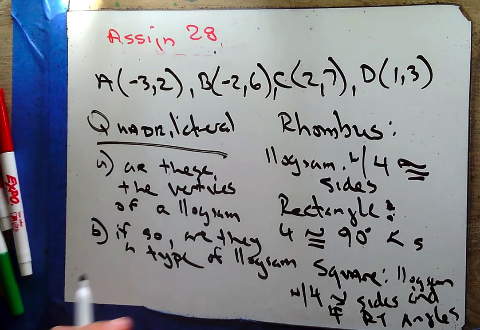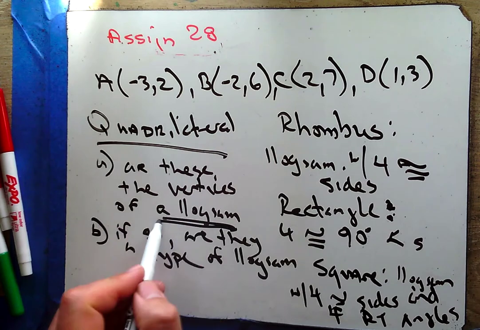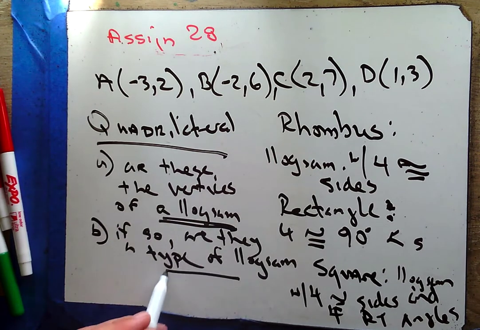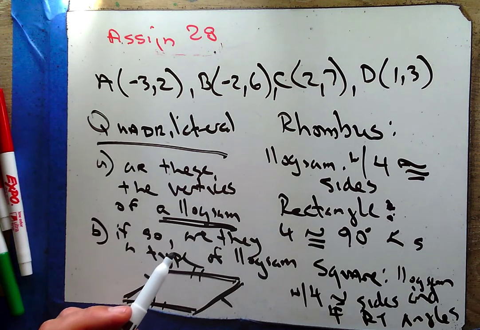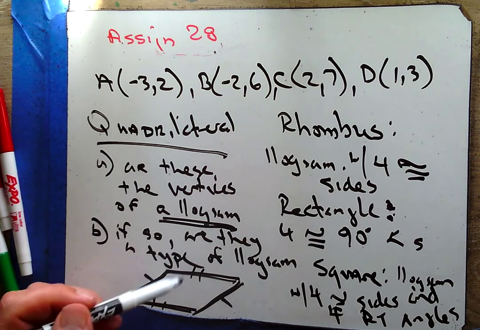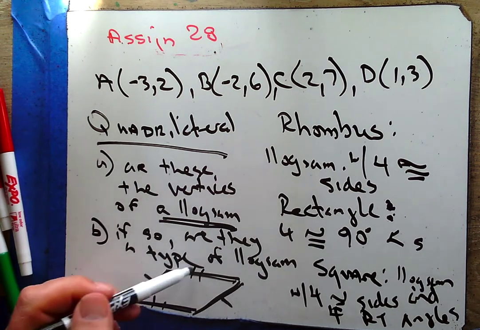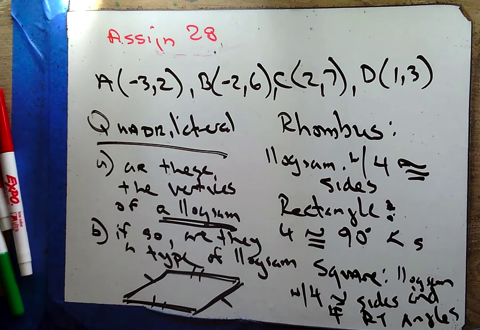Okay, and what about parallelogram? Well, in a parallelogram, you know a bunch of things. You know that the opposite sides are congruent, so that these are equal to this, and this is equal to this. You've got a parallelogram. You could also do something with slopes, where you could say that the slopes of opposite sides were the same, because if this slope is the same as this slope, then those sides are parallel.